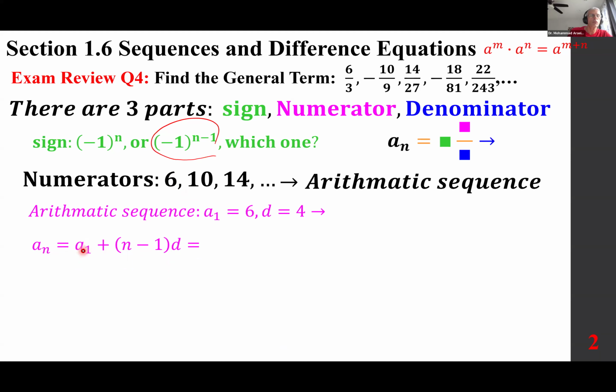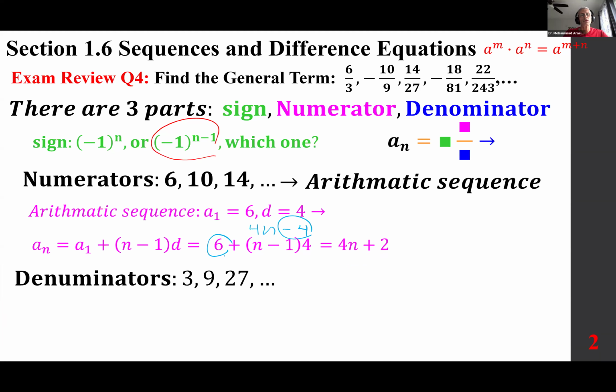A sub 1 is replaced by 6, and d is 4. This is 4n minus 4. We combine the two numbers. The final answer is 4n plus 2.